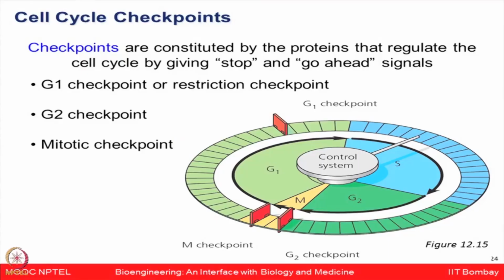First, let us look at the cell cycle checkpoints. Just imagine that when the cell cycle is operating, you want certain checkpoints to ensure that the entire cell cycle is governed properly. Just imagine that when you are driving on a road, you need speed breakers, you need the traffic police to ensure that everybody is obeying the rules.